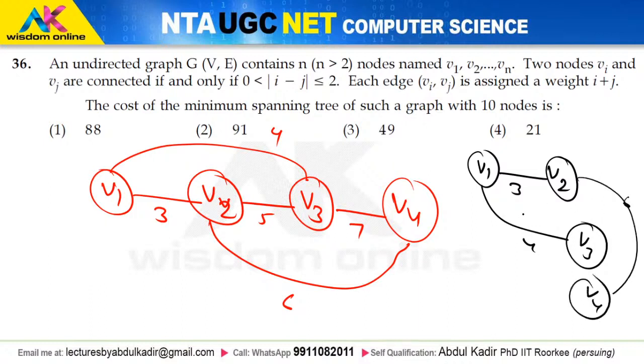So your answer will be 6 plus 4 plus 3, which is 13 for 4 vertices. For 10 vertices you can try and find the answer. But I am not focusing on this question right now, because you will study minimum spanning tree questions and solve this same question again in the algorithm subject.